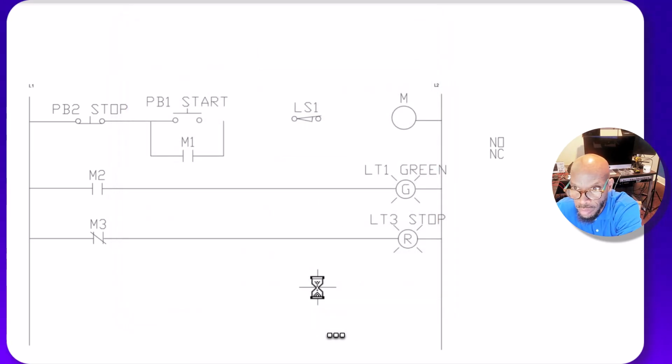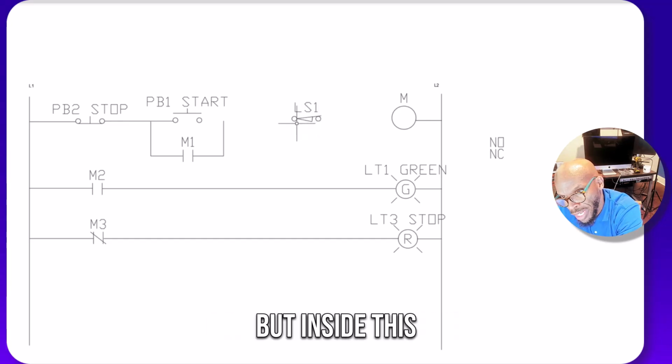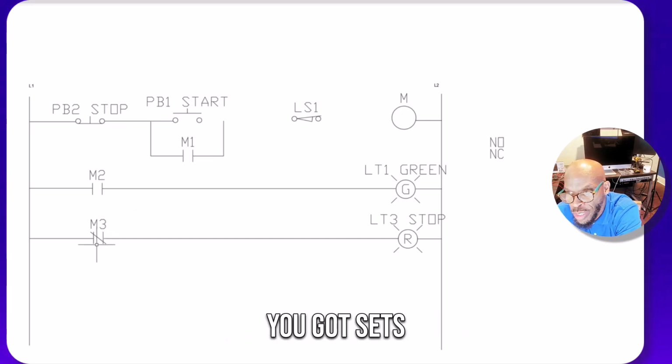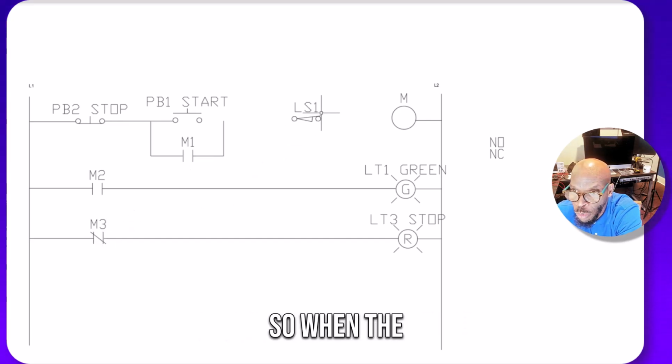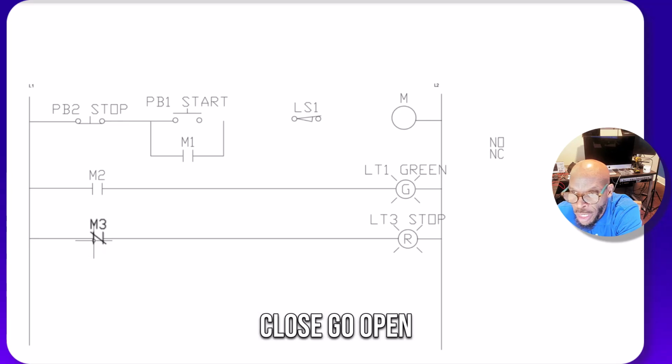Okay, so this is the physical representation of this switch, but inside this switch you've got normally open and normally closed contacts. You've got sets of them in there. So when the limit switch is closed, the normally open set is going to close and the normally closed is going to open.